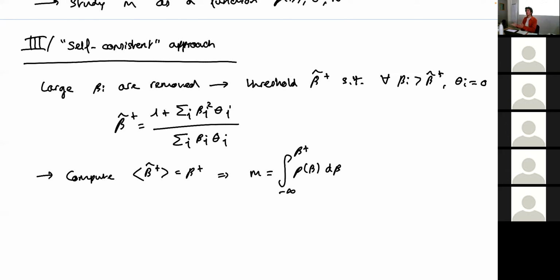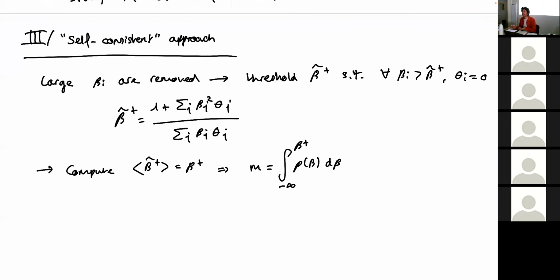Because if you have an average threshold, all you're interested in is the likelihood. My sparsity is going to be the likelihood that a number of the beta I's that I've drawn are smaller than the average threshold, especially in the limit where N goes to infinity or N is very large.